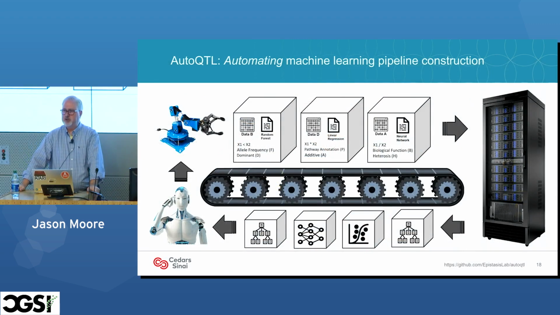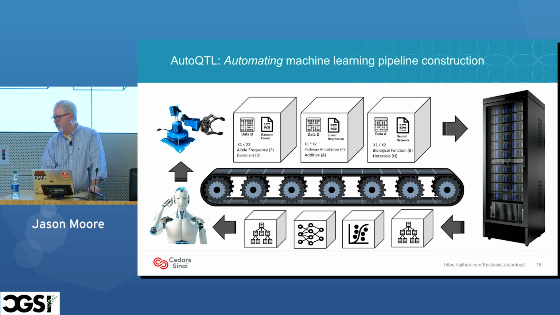So here's conceptually what we're doing, and our method is called automated quantitative trait locus analysis. Here we have the computer represented by this robot arm. We don't actually use a robot arm, but conceptually you have the computer picking data sets, machine learning algorithms, feature engineering algorithms, feature selection algorithms, feature encoding algorithms, and piecing these together in a pipeline to do an analysis.